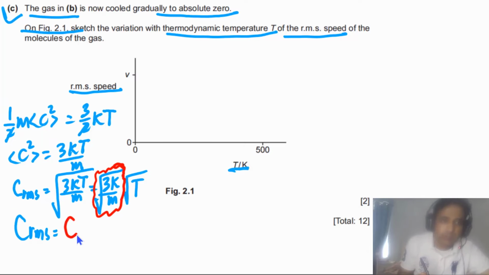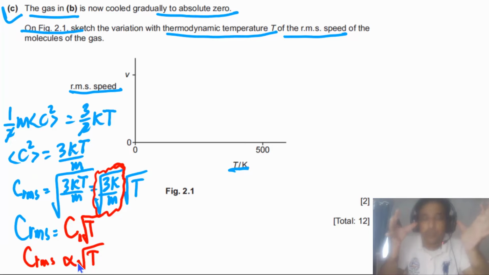We can replace this with another constant, say C1, and here we have the square root of T. Now we need to understand what the shape of the graph will be if we have root mean square speed equal to some constant times the square root of T. So we can also write C_RMS is directly proportional to the square root of T.